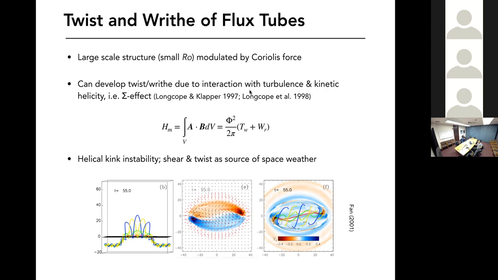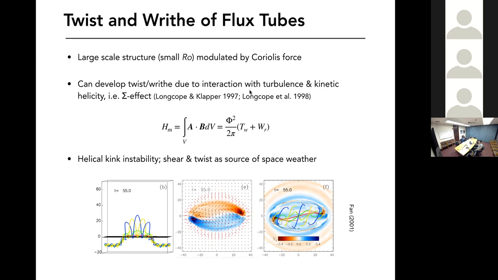By the requirement of helicity conservation, your twist will go the other way. If that is satisfied, so we have a kinked flux tube with a twist, then the flux tube is more likely to survive the flux emergence.